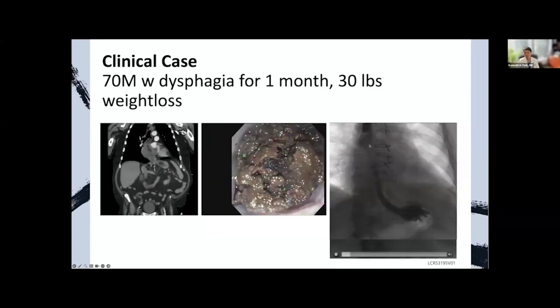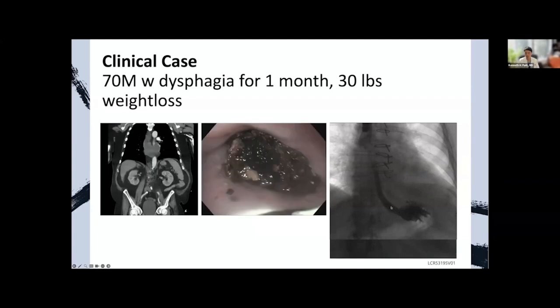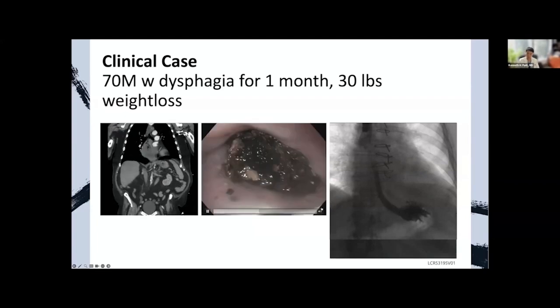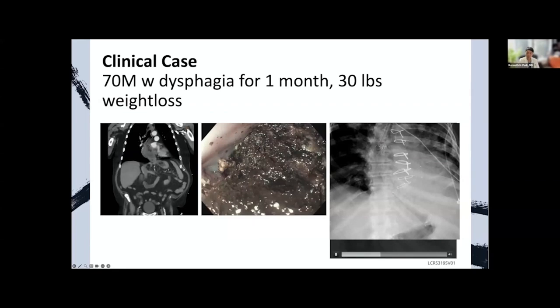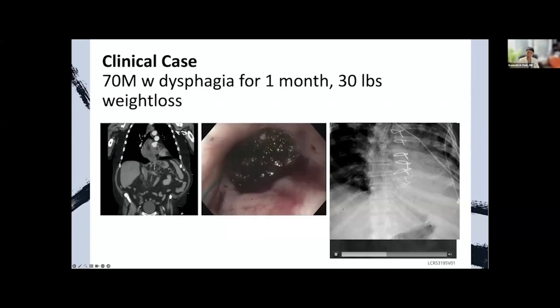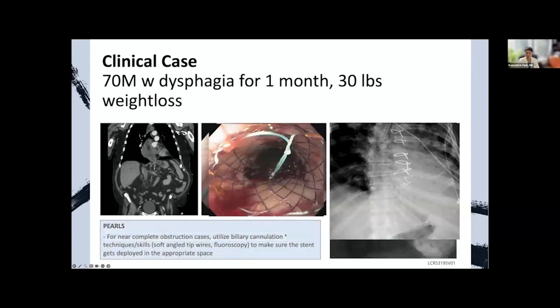There you go. So the final is this, and obviously this is where the tumor starts, and the tumor ended up here, and you can see the markers. We secured it with an over-the-scope clip stent fixation device, and you'll see a picture of that on the next case.